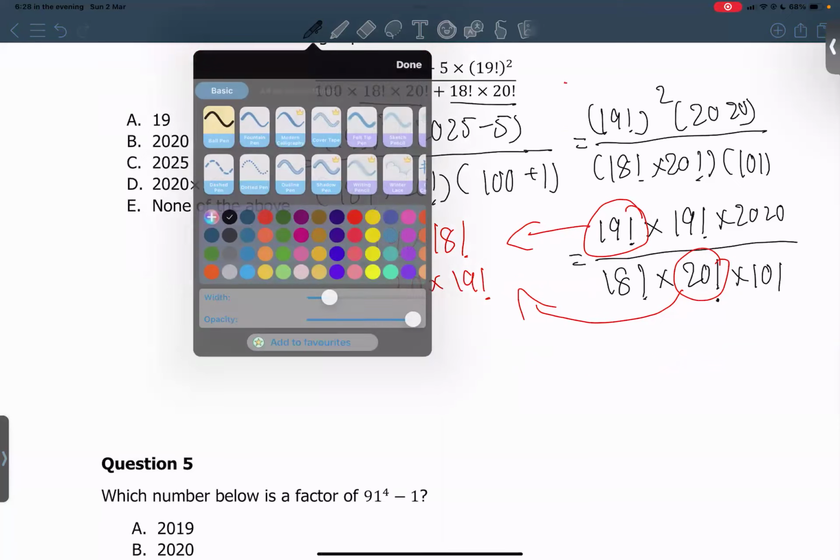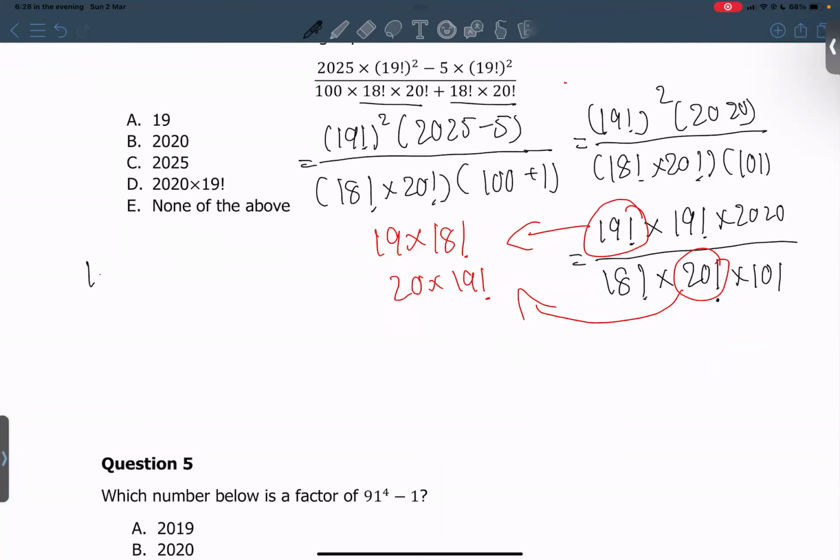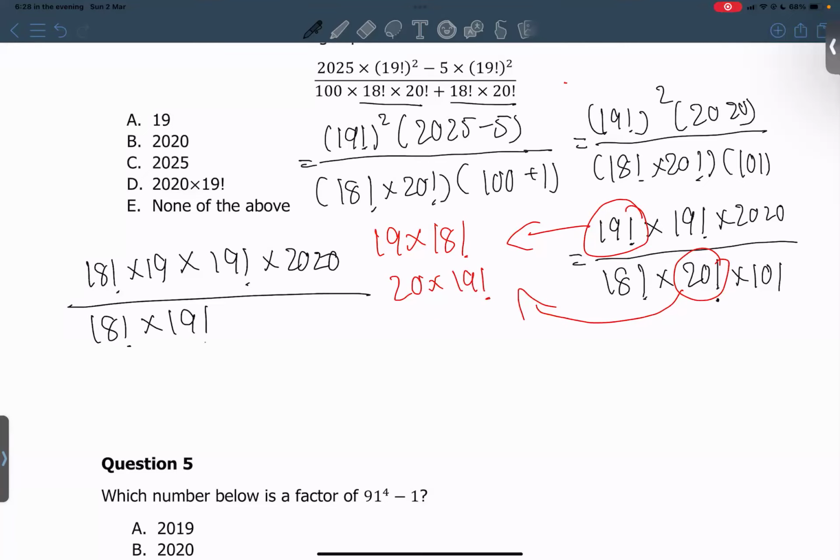You'll get 18 factorial times 19 times 19 factorial times 20 over 18 factorial times 19 factorial times 20 times 101. Then you can simplify this, and this, and 20 times 101, you'll get 2020. So you can just simplify that too. So the answer, you'll get 19, which is A.